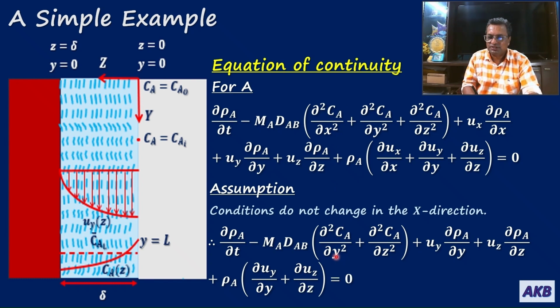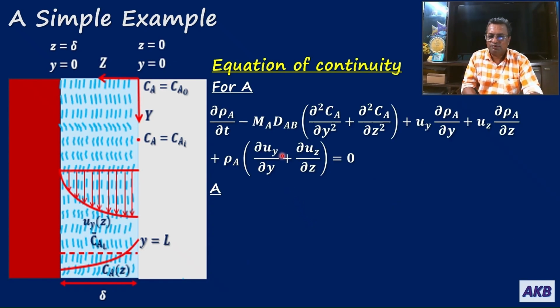You must have noticed that all derivatives with respect to x have now been omitted from the equation. So with the assumption of conditions not changing in the x direction, we get this equation. Let us move ahead.